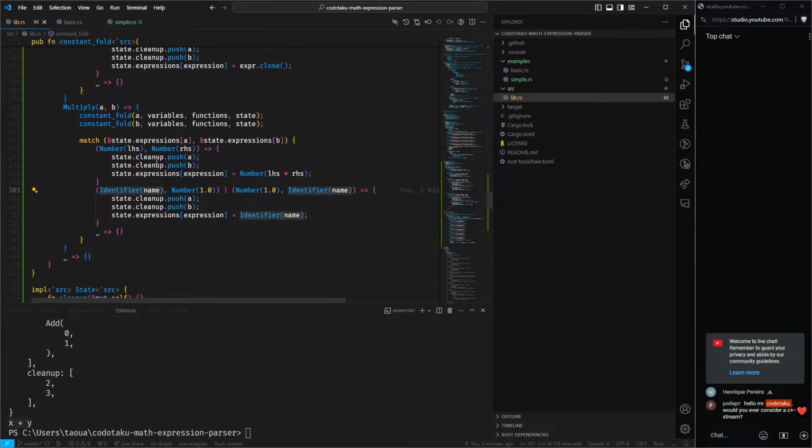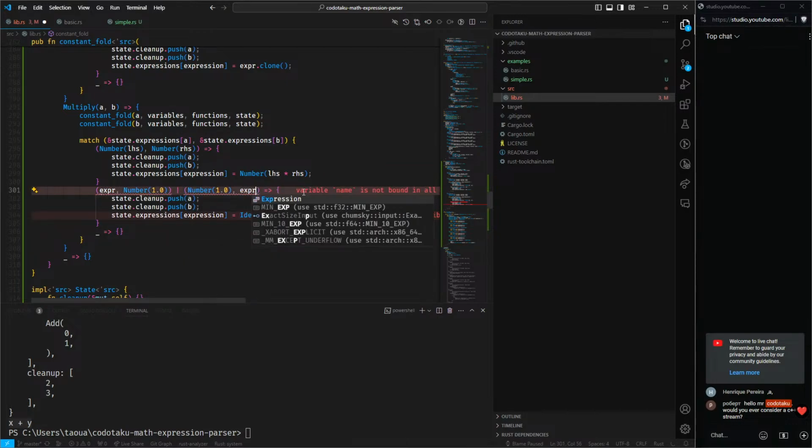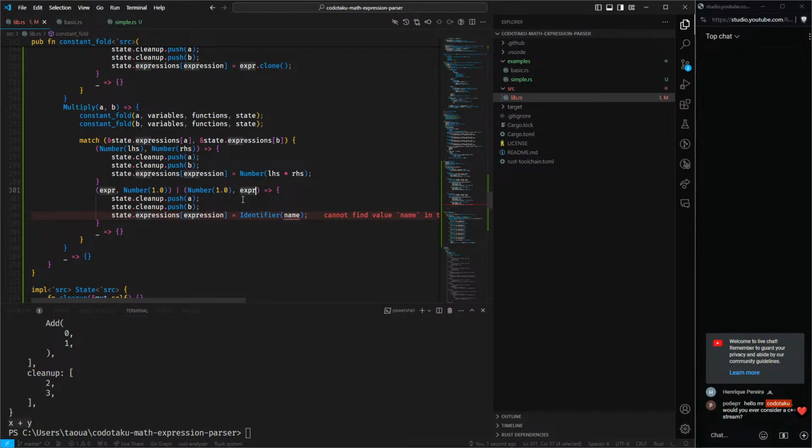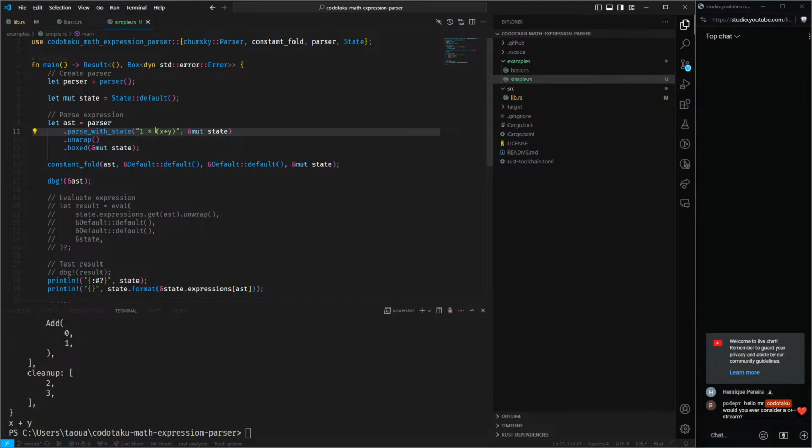So let's now do this. Okay. So here it's going to be XPR. XPR. Alright, cool. XPR.clone. And there you go. So this also works right now. 1 times whatever expression would give you x plus y.